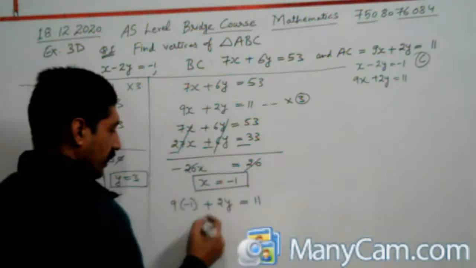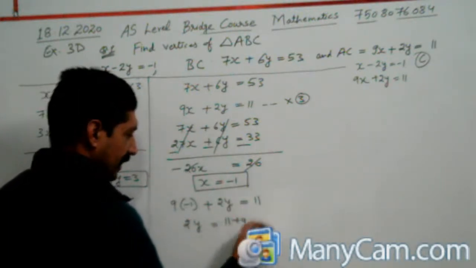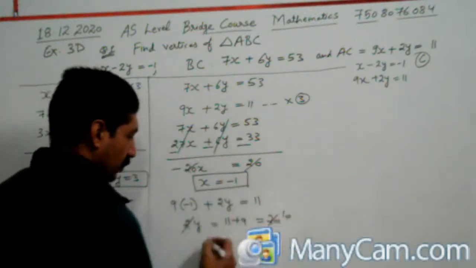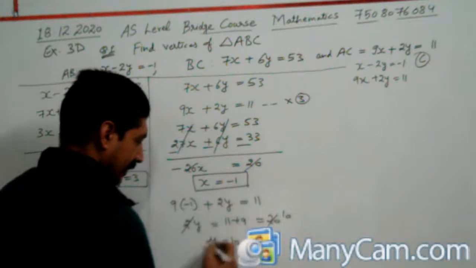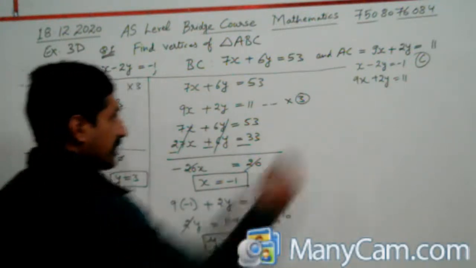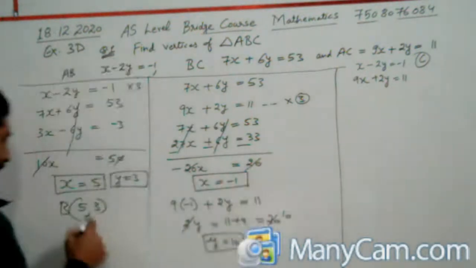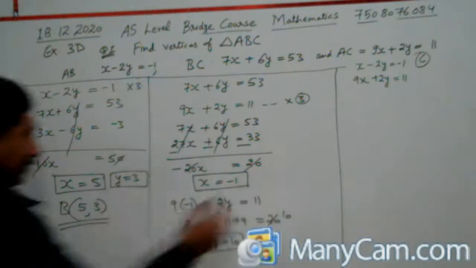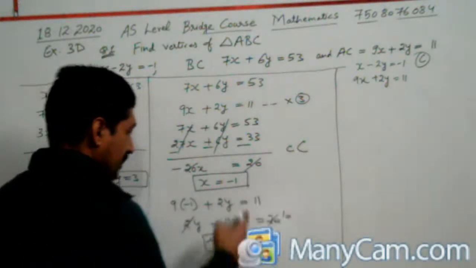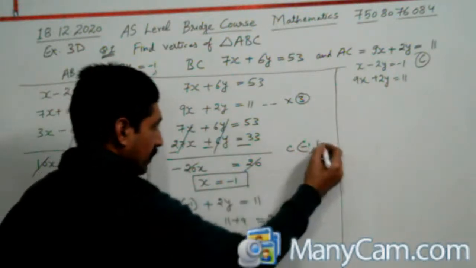So what is 2y? 2y is equal to 11 plus 9, that is 20, and 2 gets cancelled, y is equal to 10. So the coordinates of point C are x is minus 1 and y is 10.